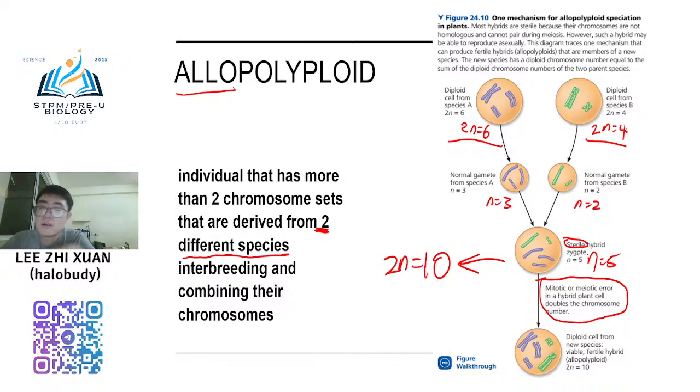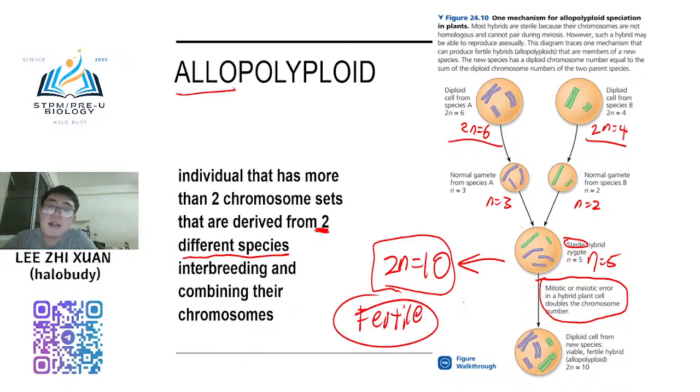So it will undergo a mitotic or meiotic error by itself, so that it doubles its chromosome number and becomes 2n equal to 10. So with 2n equal to 10, this cell is fertile already.